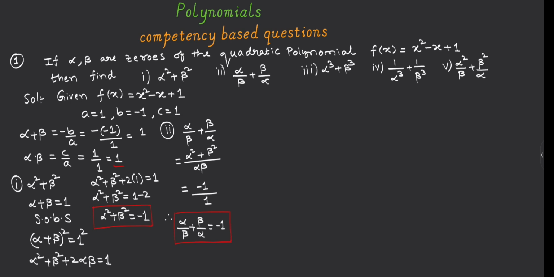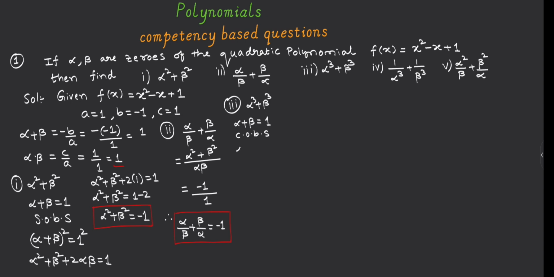Now let us do the third. In the third problem we have to find alpha cube plus beta cube. To find this, again we take alpha plus beta is equal to 1. Then we do cubing on both sides because we want alpha cube plus beta cube.